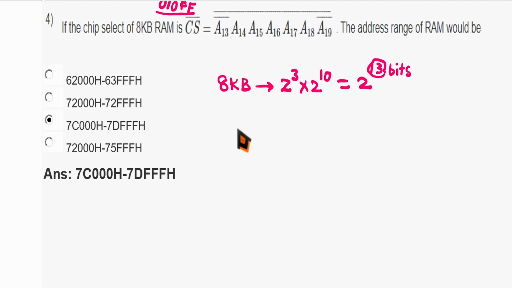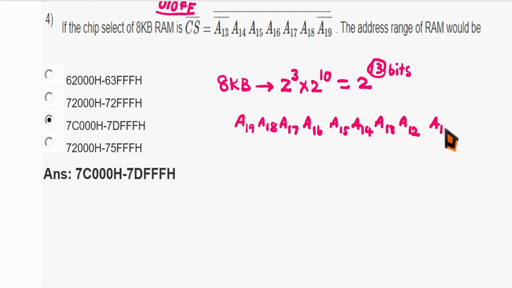Since we are using a 20-bit address, the address lines will be A19, A18, A17, A16, down to A11 to A0. So here 12 bits.